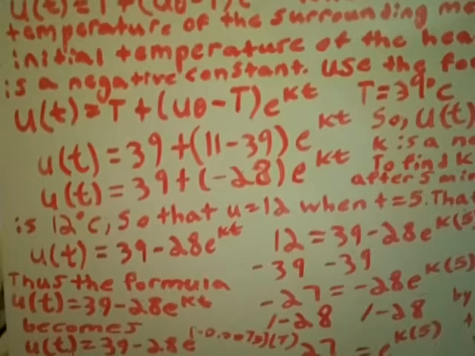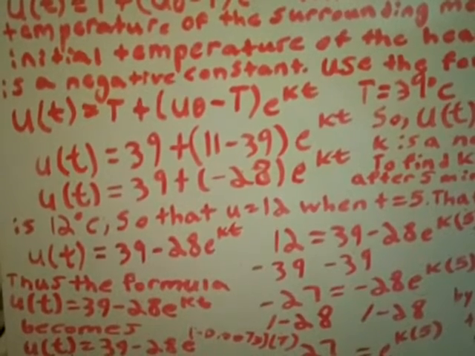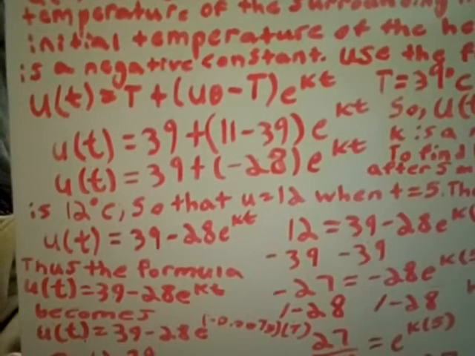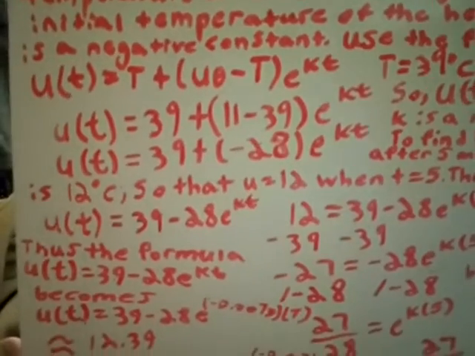I simplify that to U(t) equals 39 plus negative 28 e raised to the kt power, so U(t) equals 39 minus 28e^(kt).